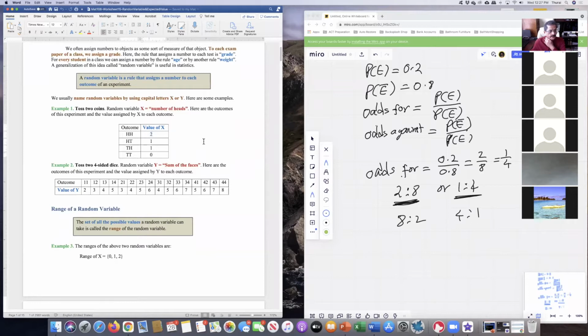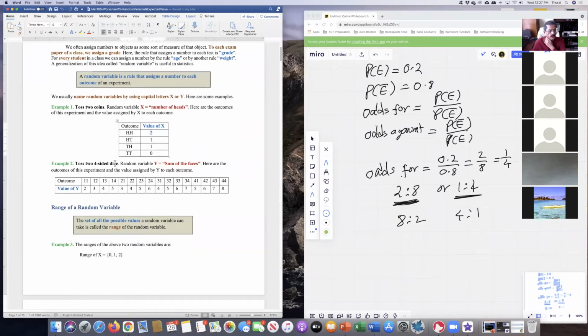So that's an example. Let's do another example. Toss two 4-sided dice. Each die has 4 sides, and 4-sided means it's a tetrahedron, not a rectangular or cube shaped die.